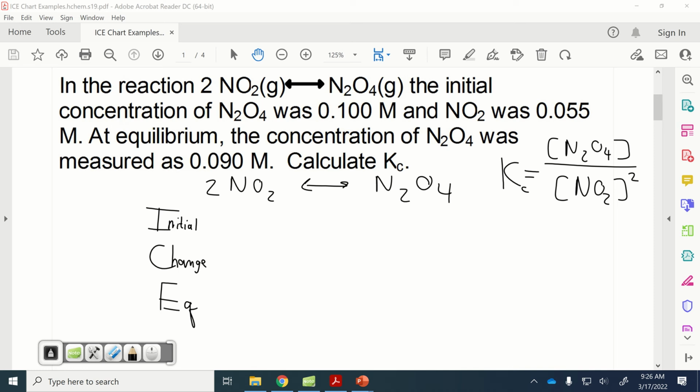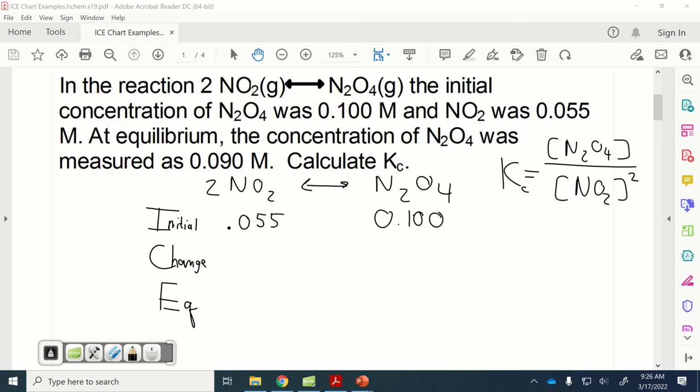It does give us the initial amounts of both. It says the initial concentration of N2O4 is 0.100. We do need to be in molarity. I'm going to do another one where we have to make sure we're in molarity again. The other side, we're starting with 0.055 molar NO2.